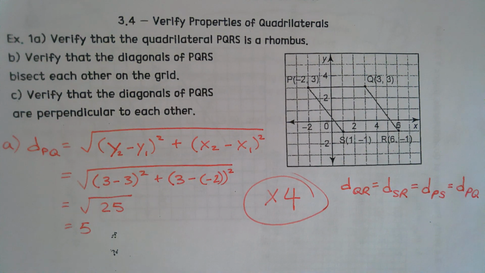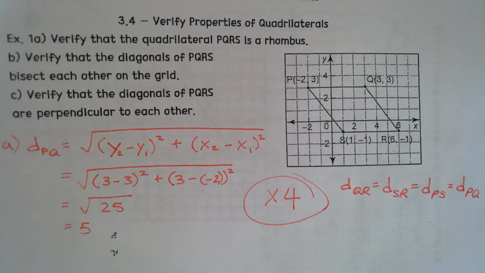Okay, but is that all I have to do? It seems too easy, just finding the distance formula 4 times. So if 4 sides are equal, what shape comes to mind? Square. Does this look like a square? No. So that's why I was saying it's part of the properties of a rhombus.